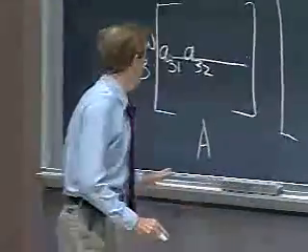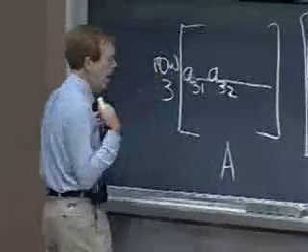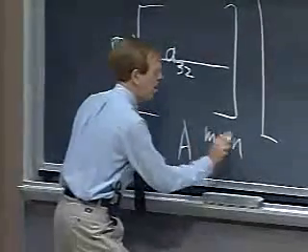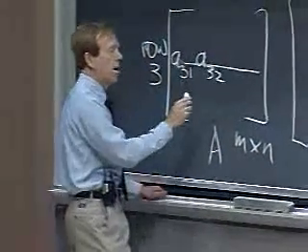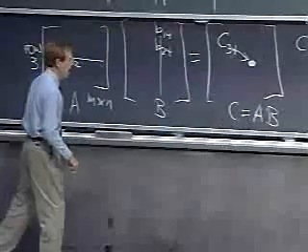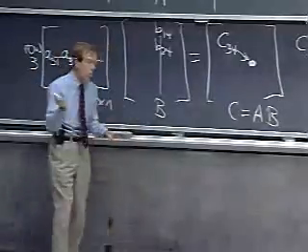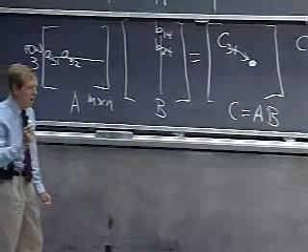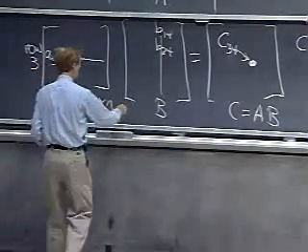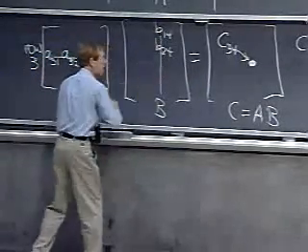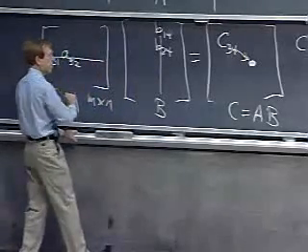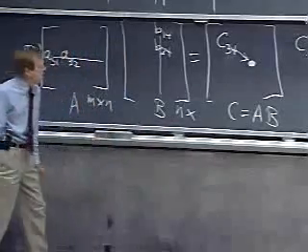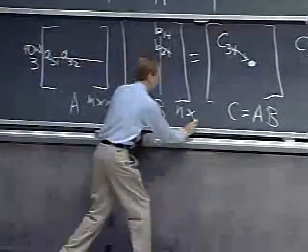I always think of A as m by n: m rows, n columns. So that sum goes to n. Now how many rows does B have to have? n. The number of rows in B, the number of guys we meet coming down, has to match the number of ones across. So B will have to be n by something. Whatever, p.